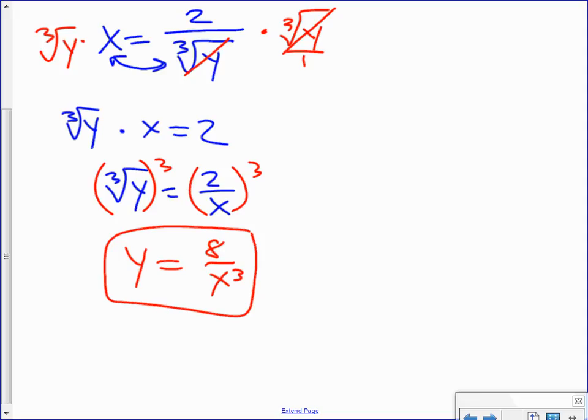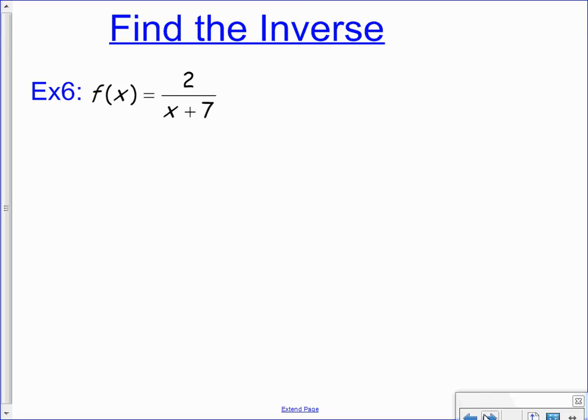All right. You okay? Yeah, it's so easy though. Okay. All right. F of x just means y. So step 1, x equals 2 over y plus 7. Right? So here's what I was talking about.